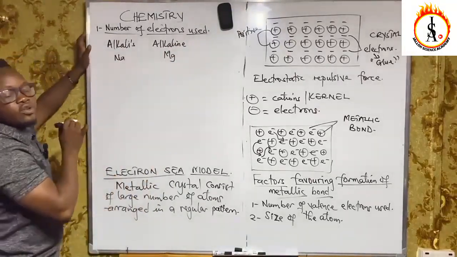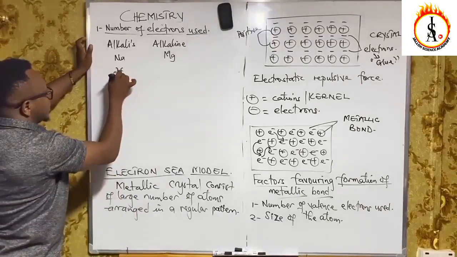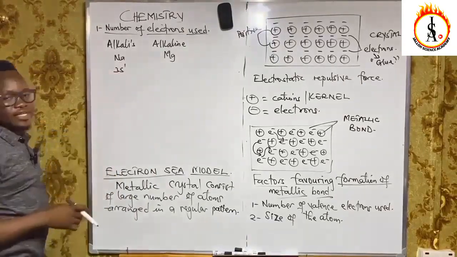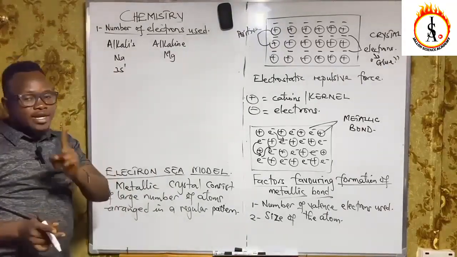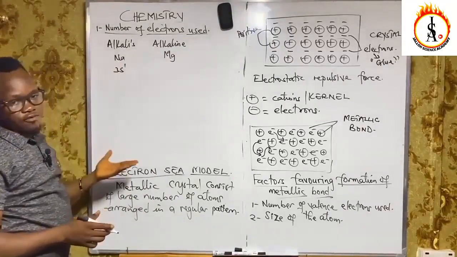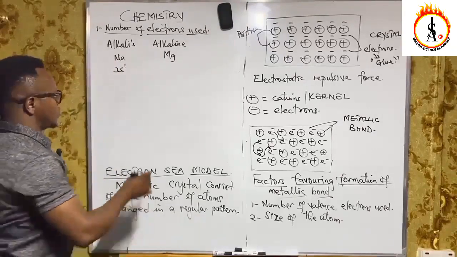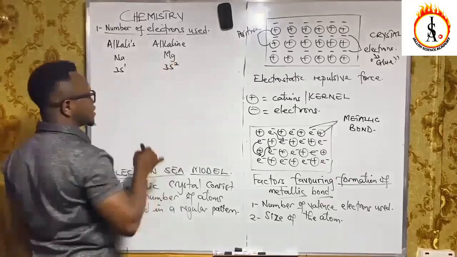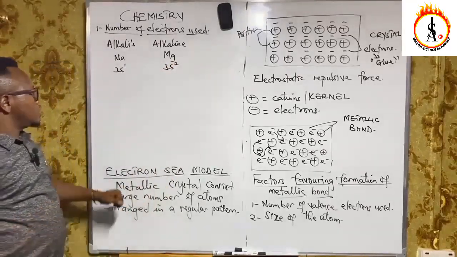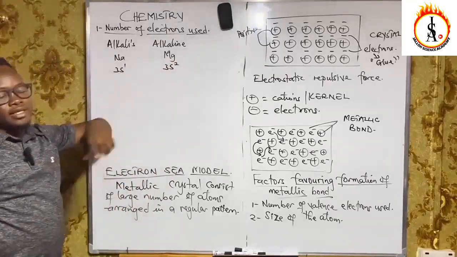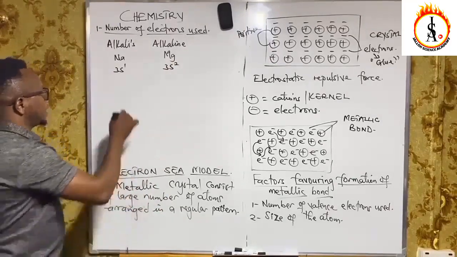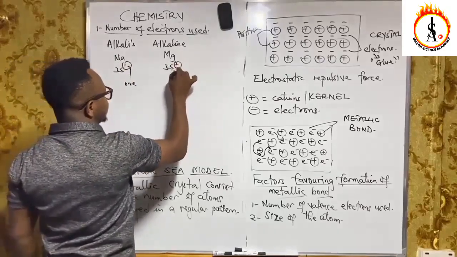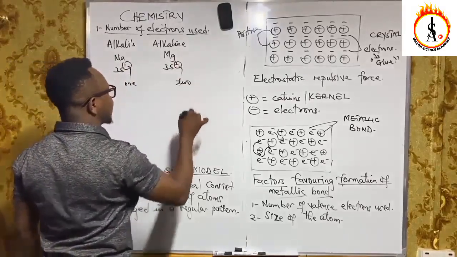Sodium uses only one electron, the electron in the 3s orbital, 3s1. Whereas magnesium uses the electrons in the 3s, that's 3s2. So both of them are using electrons in their 3s orbital, but sodium is using only one electron, whereas magnesium is using 2 electrons.